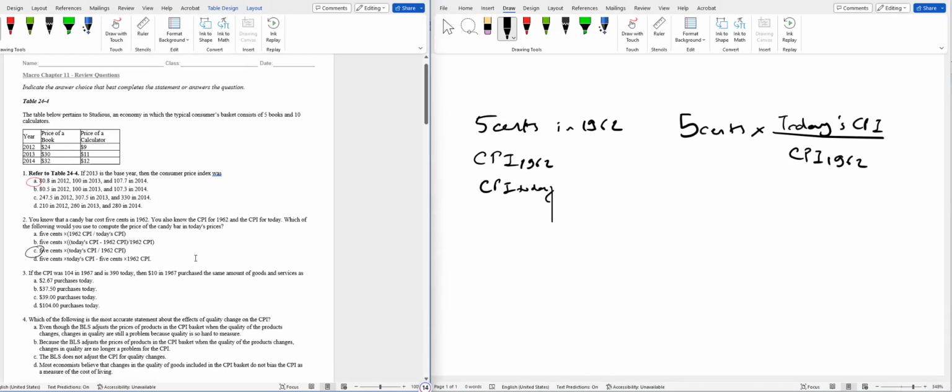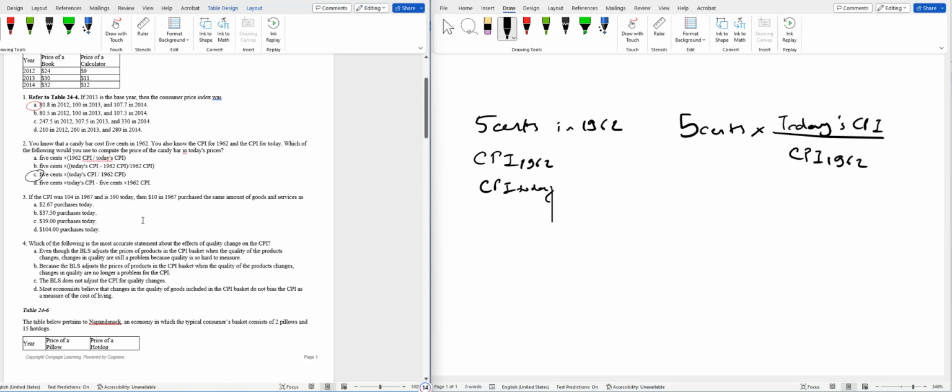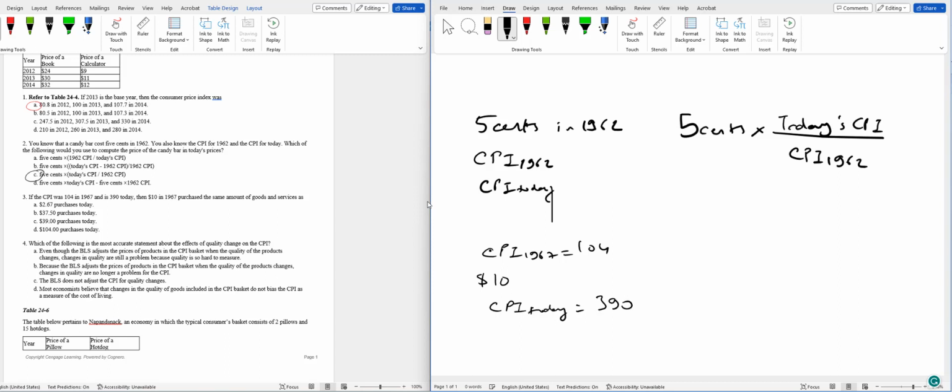Now the next question, we are going to apply this formula. In this question, the CPI in 1967 is given. CPI in 1967 is 104 and the price in 1967 is $10. And if the CPI today is 390, then we need to compute how much you need to pay to buy the same goods and services today.